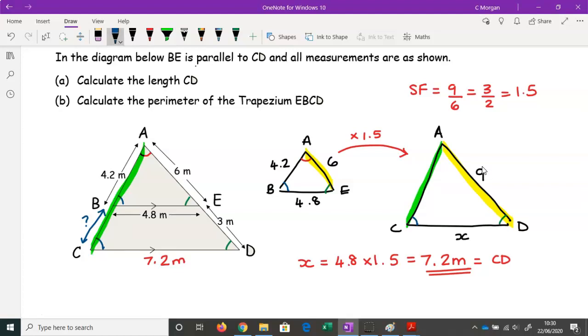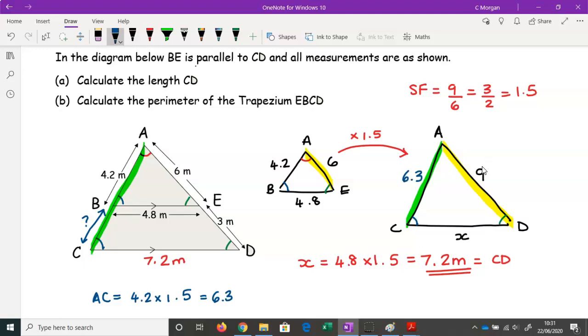In order to work out length AC, all I've got to do is multiply 4.2 by 1.5. So I'm going to write down that length AC is 4.2 multiplied by 1.5. And I'm going to get my calculator out, and I do believe that's 6.3. So I'm going to write 6.3 on side AC.